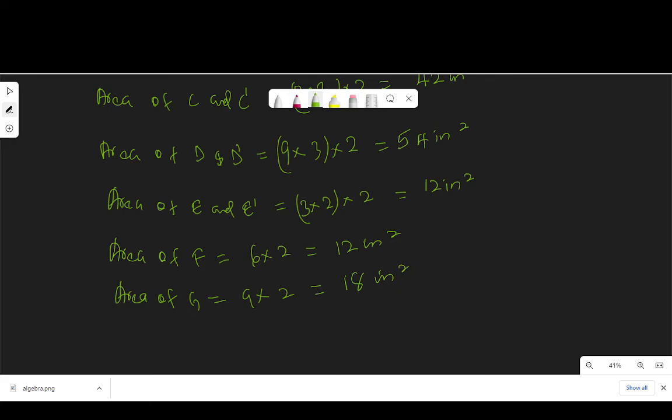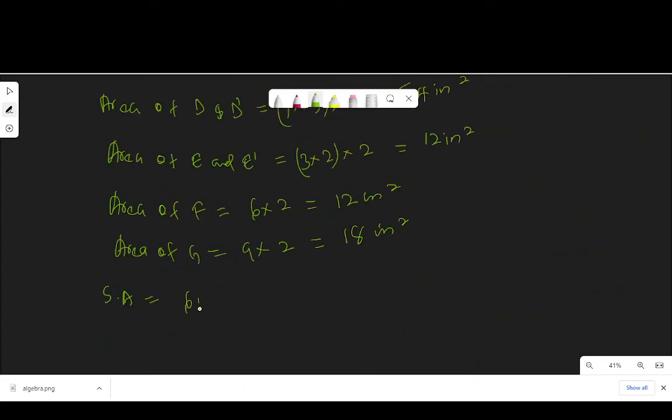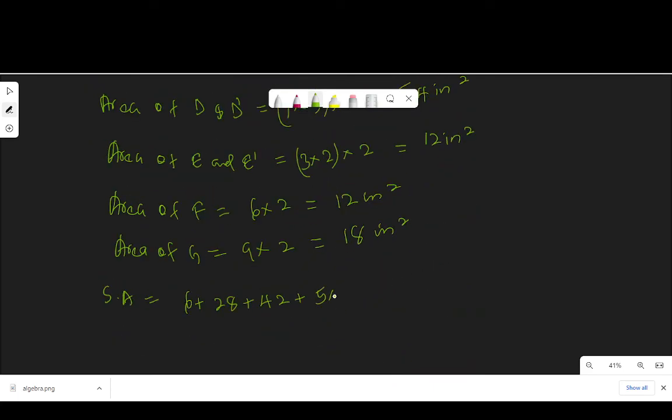So putting it all together to get the surface area of the shape will be 6 plus 28 plus 42 plus 54 plus 12 plus 12 plus 18.